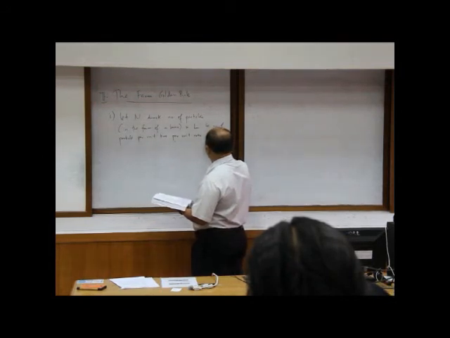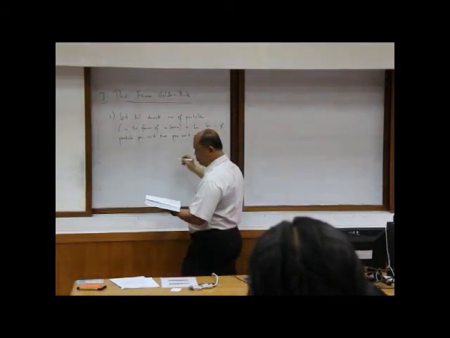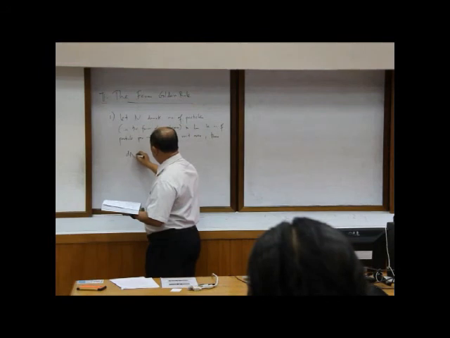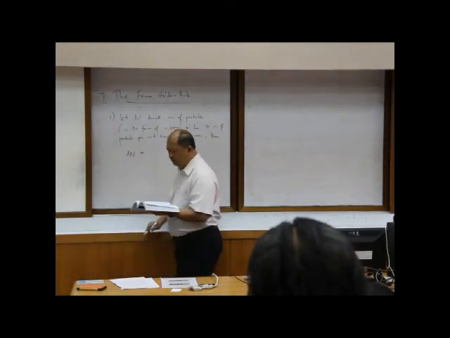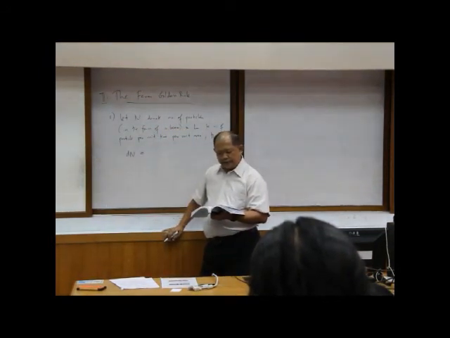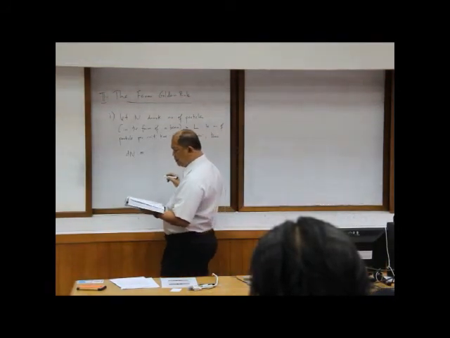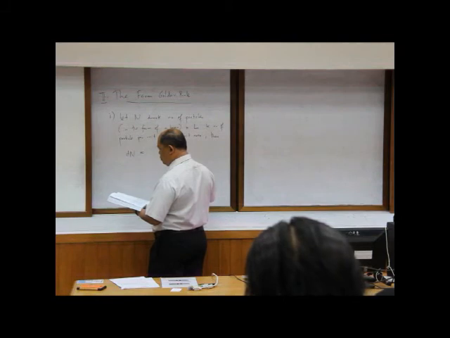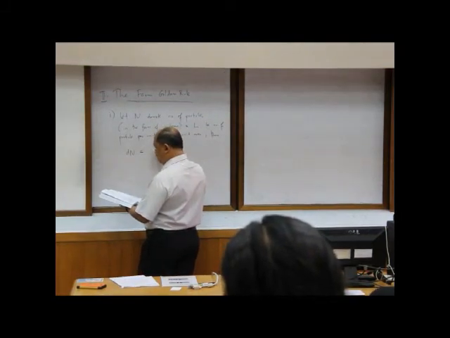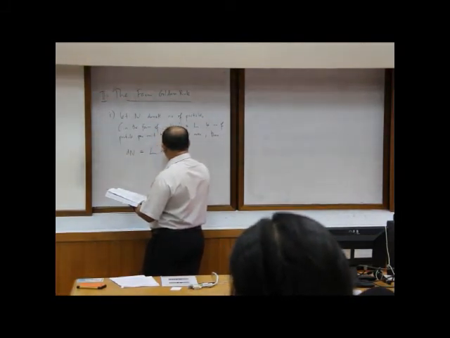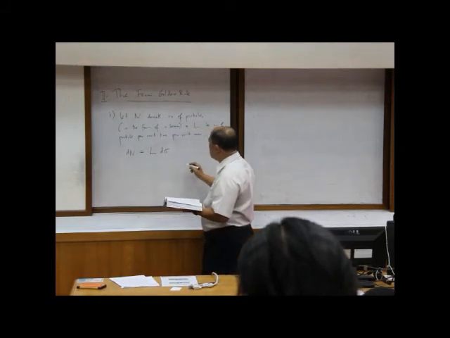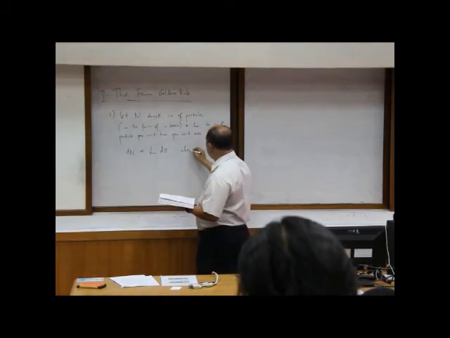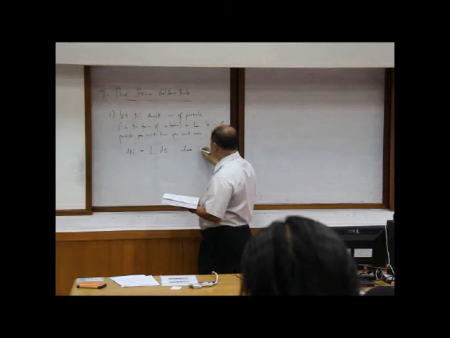So then the infinitesimal number of particles is L d sigma. Now, this d sigma is the infinitesimal area.